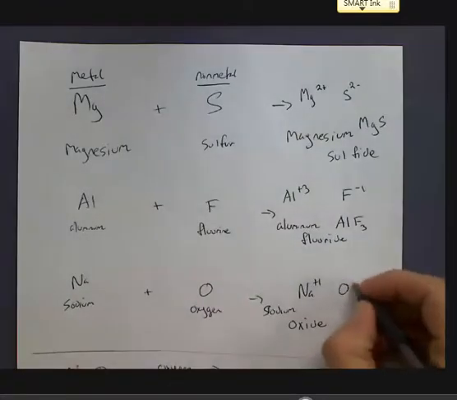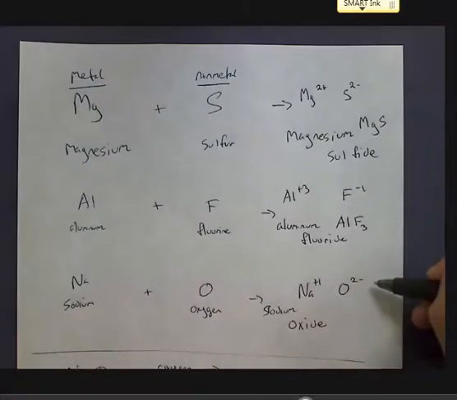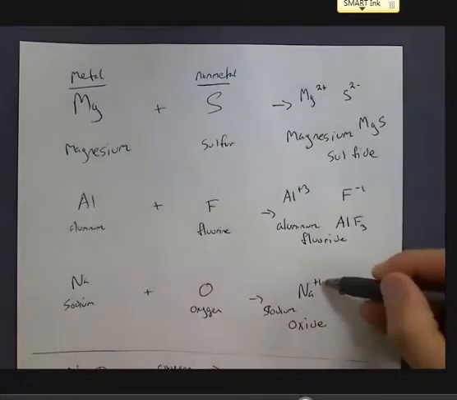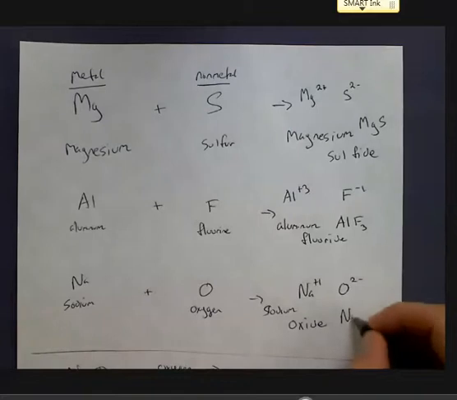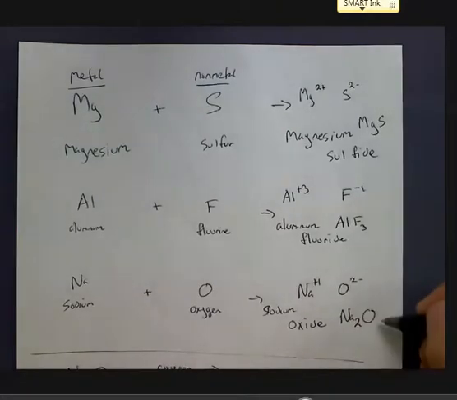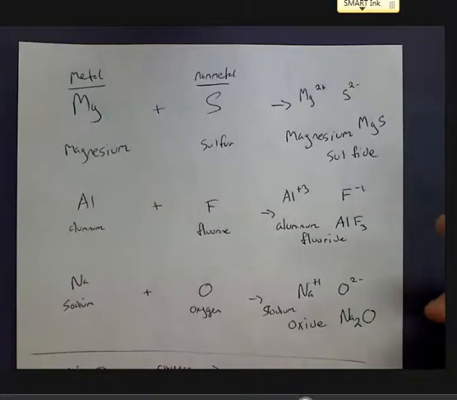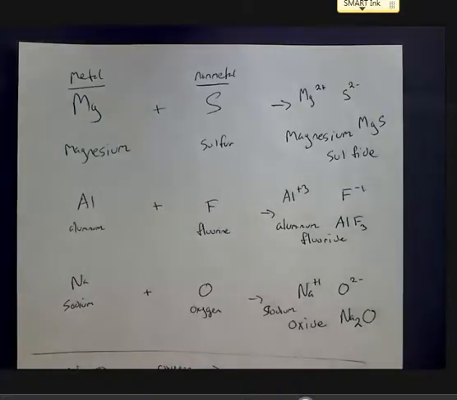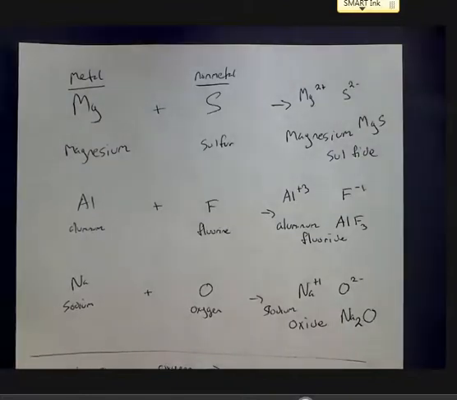So oxygen here with a -2. Now I've got 2 negatives and only 1 positive. So I'm going to need to increase my number of positives, have 2 of them to make up for my 2 negatives from the oxygen. We're going to learn a much easier way of doing that, but that's kind of the idea behind where these formulas are coming from. Let's see a couple examples off of the same worksheet that we were working on earlier.